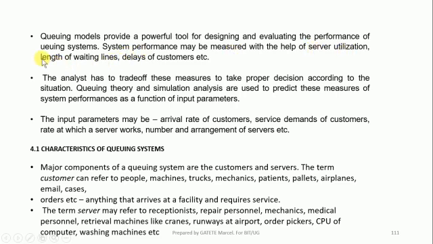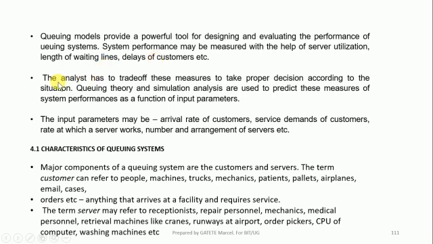We can also see the length of the waiting line. If you are having a very big waiting line, this is a very big problem, because the customer at the end of the queue will be served after a long time, so he will be very tired. So you can measure the performance of the system using server utilization, the length of the waiting line, or delays of customers, how customers are delayed in the queue. If it is taking a long time for a customer to leave the queue, it is a very big problem.